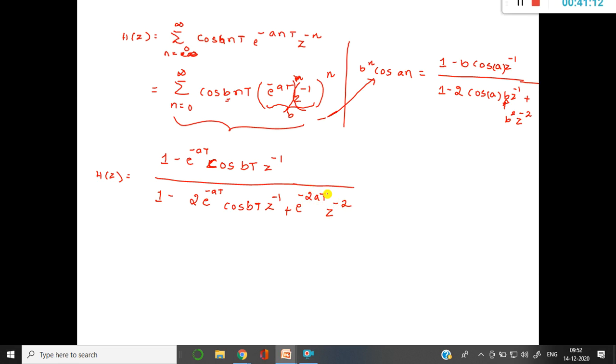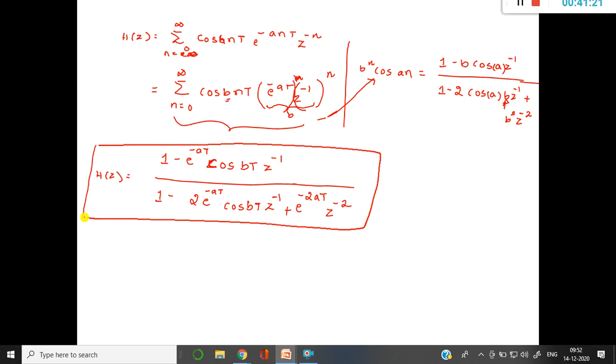So this is the standard value, the conversion of h of s to h of z directly.